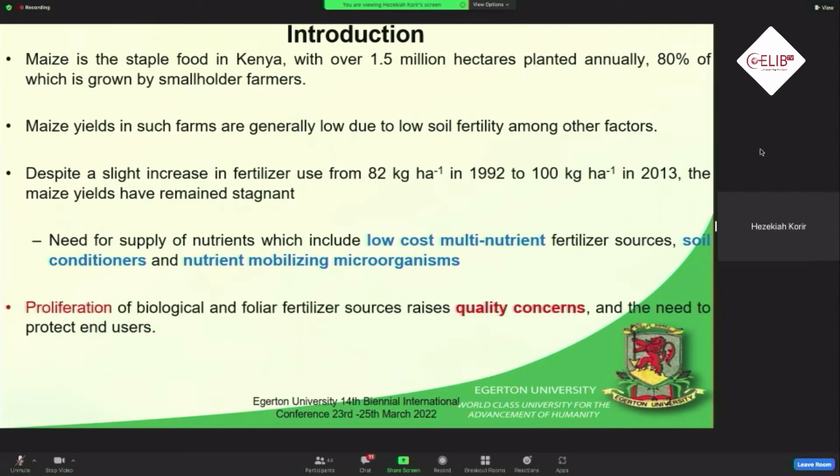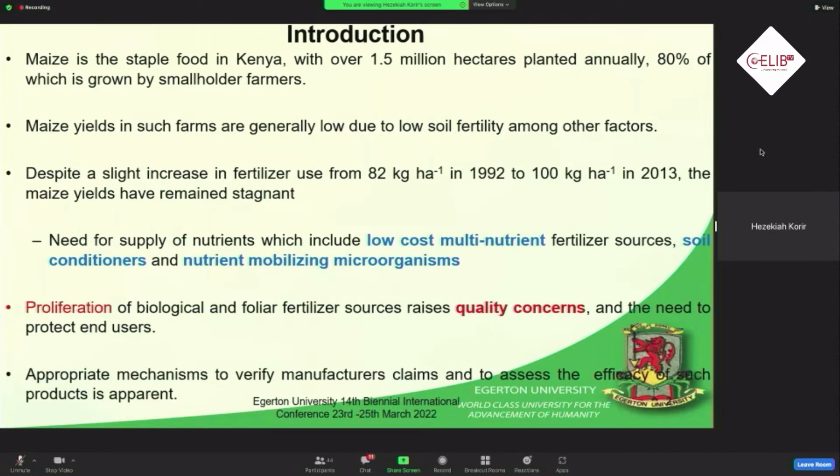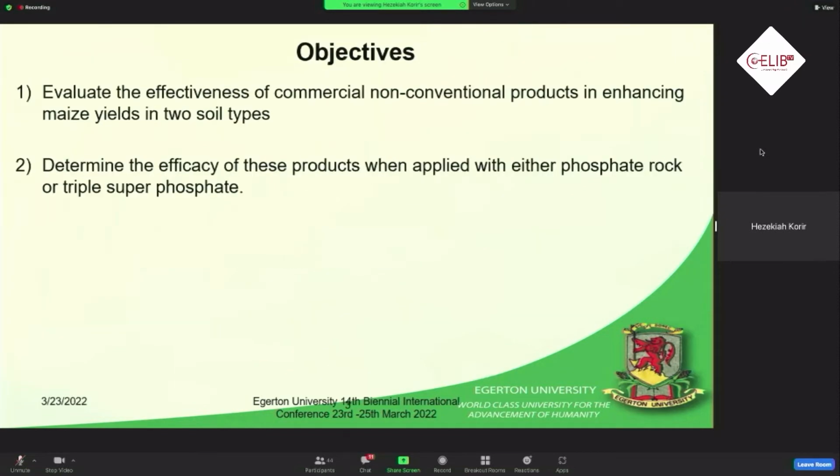And because of this, within the market, the agrovets, we see that there are a lot of biological products and foliar fertilizers. And when we have a lot of this, they raise a lot of quality questions to the farmers in the end. So there's a need to have an appropriate mechanism to see if these products meet the claims that they have.